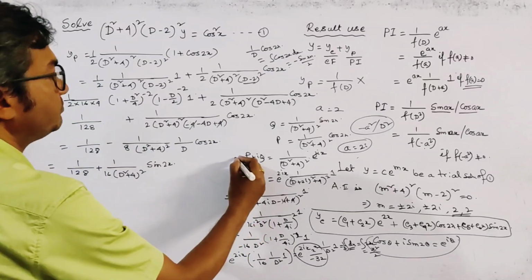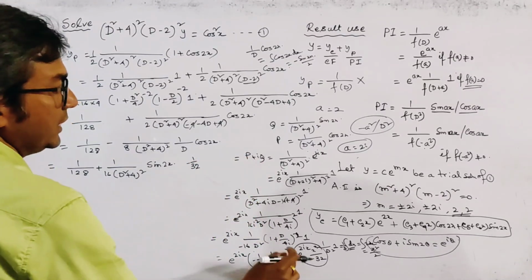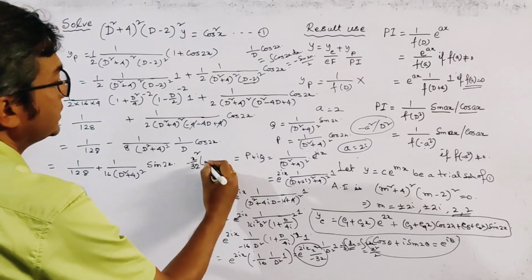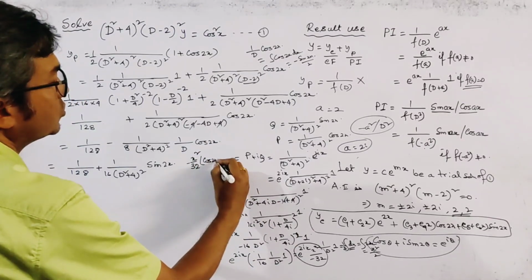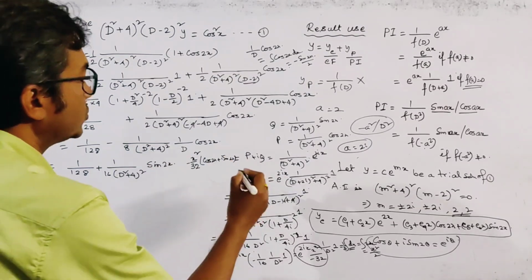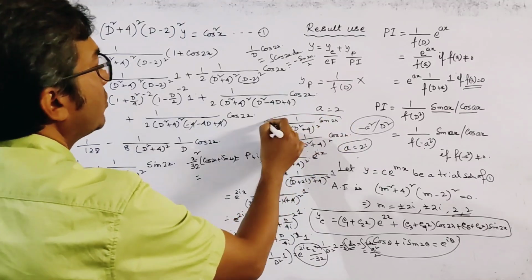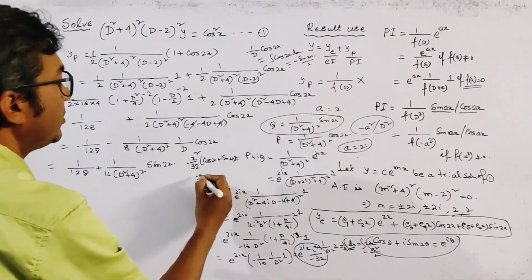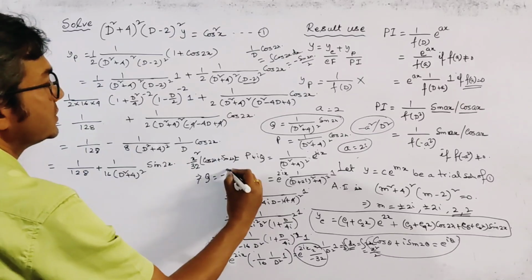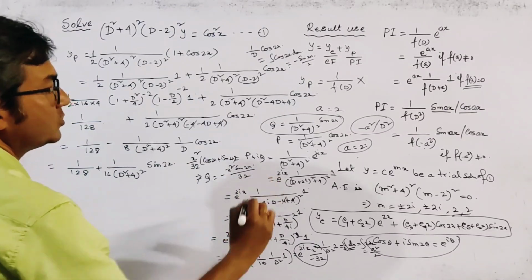Now we write here minus 1 by 32 into x square into e to the power 2ix, this means cos 2x plus i sin 2x. Okay, so we require only the imaginary part, again q, this is equal to minus x square sin 2x by 32.